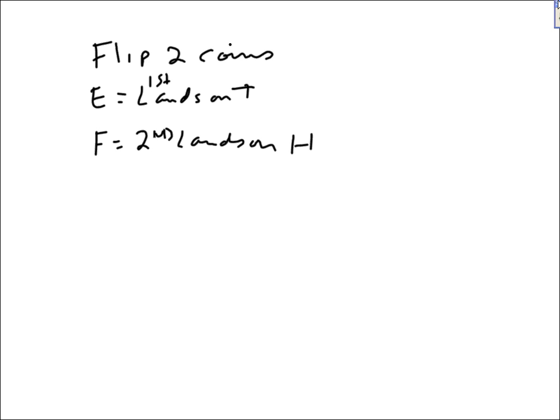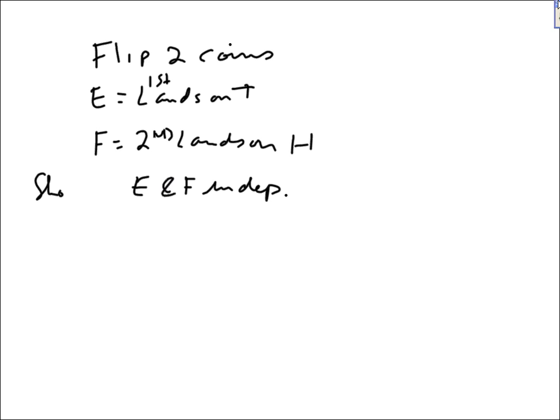And we want to know, are E and F independent? In fact, of course the answer is yes, because, again, knowing the result of one coin will not affect the result of the other.